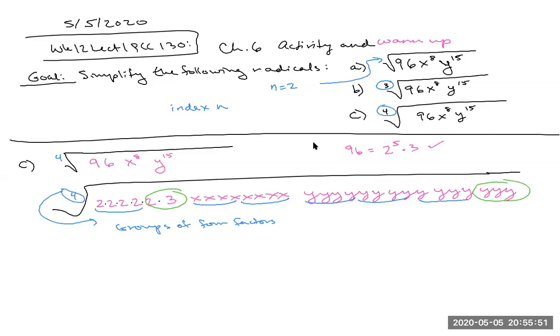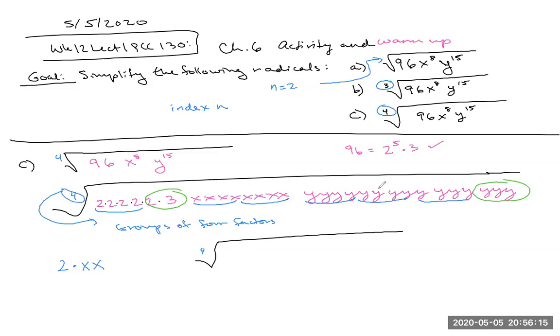So now we are going to put our 4th root, leave space in front and back. In the front, you're going to have 1, 2 from that group of 4 2's. We have 1, 2 x's. That's going to be times x.